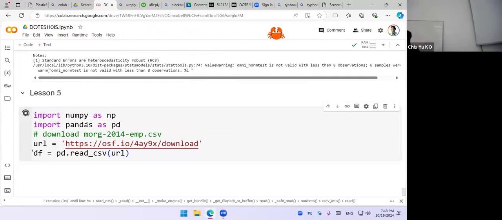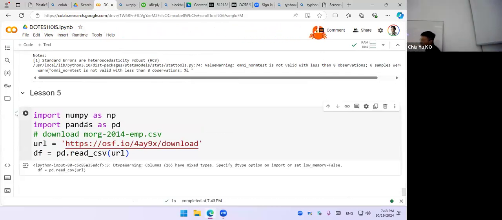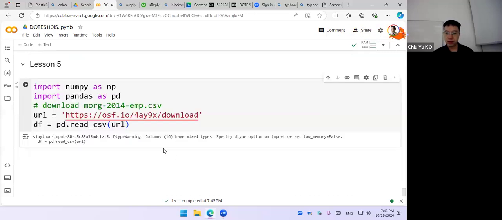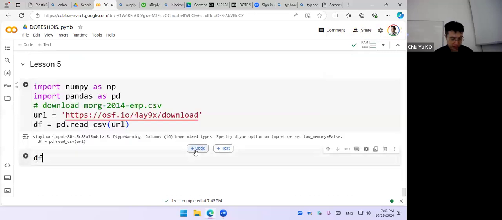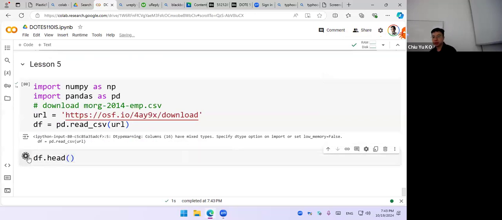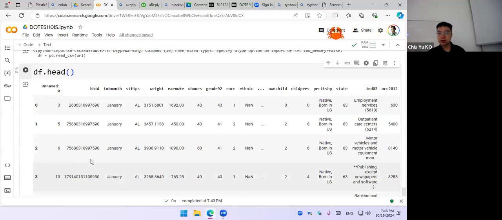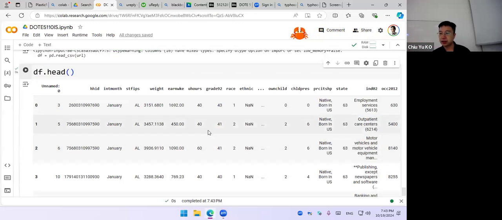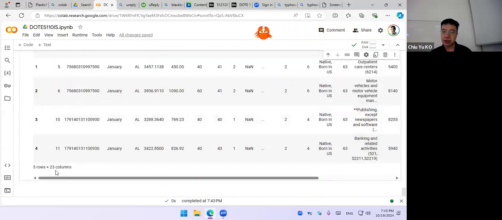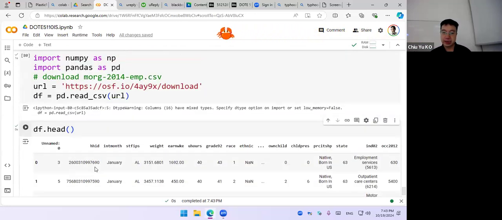Okay, the data are there. As usual, we look at the data. Look at the first 5 rows and see what we have. Okay, there's a bunch of data there. There are 23 columns of data.